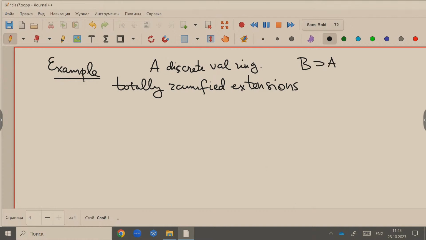B is a discrete valuation ring, with uniformizer pi, for example, and if omega is a uniformizer of B, the generator of the maximal ideal in B, then you just write down the equation.